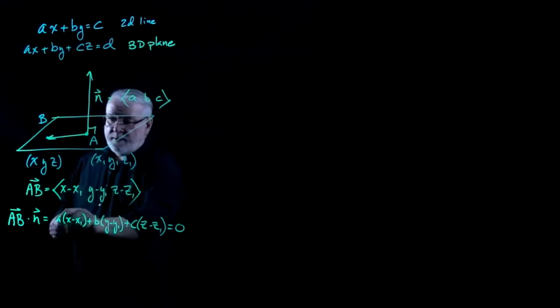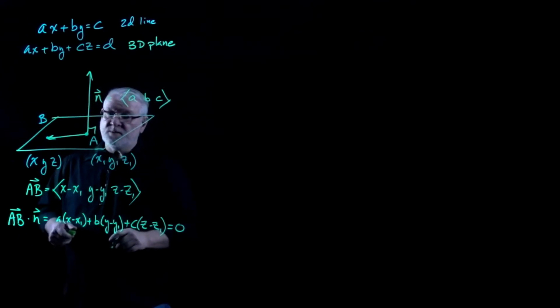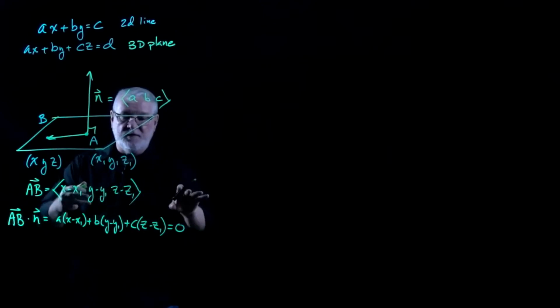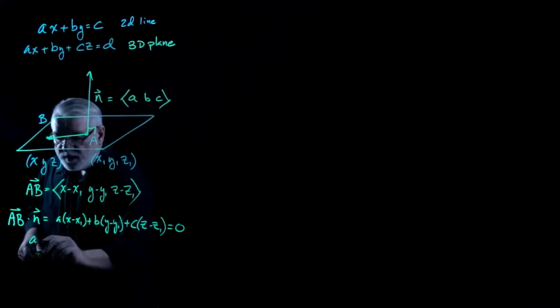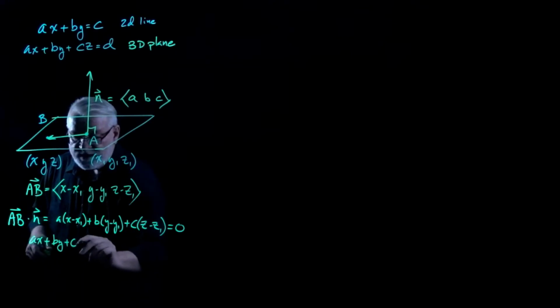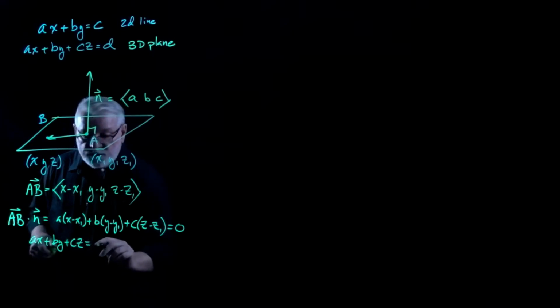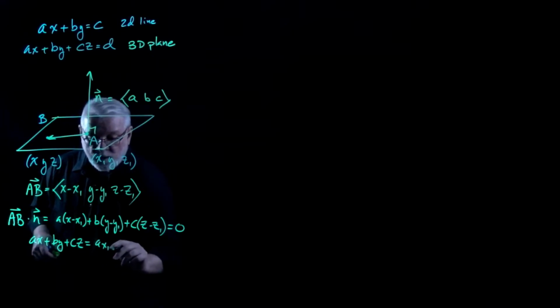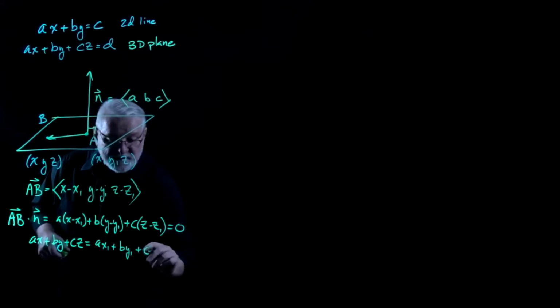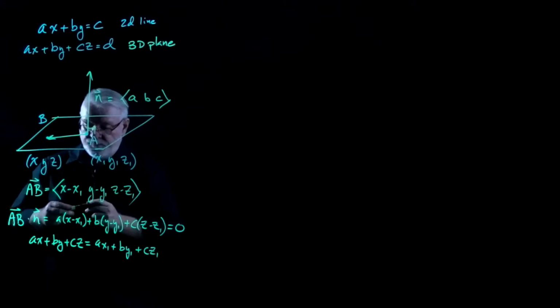So I want to distribute to all three of these sets of parentheses, and then I'm going to collect the positive terms on the left side and all the negative terms on the right side. So that will give me ax plus by plus cz is equal to ax1 plus by1 plus cz1.